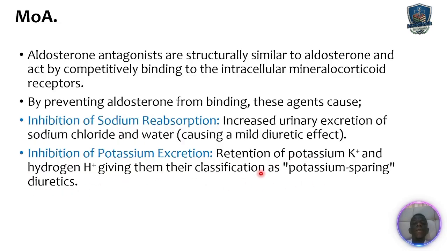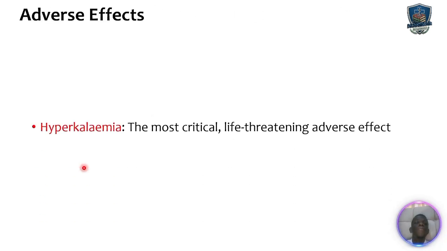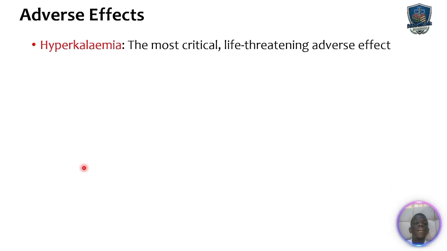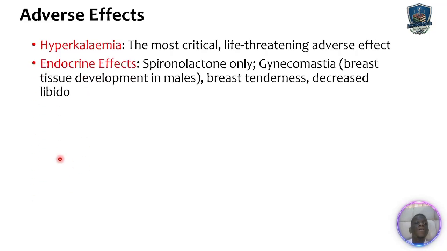So apart from retaining potassium, it also retains hydrogen ions. And we know that if you retain hydrogen, you are going to lead to metabolic acidosis. Now hyperkalemia, I've explained how this happens. This is one of the most critical life-threatening adverse effects. It also has endocrine effects. This is something that you have to understand.